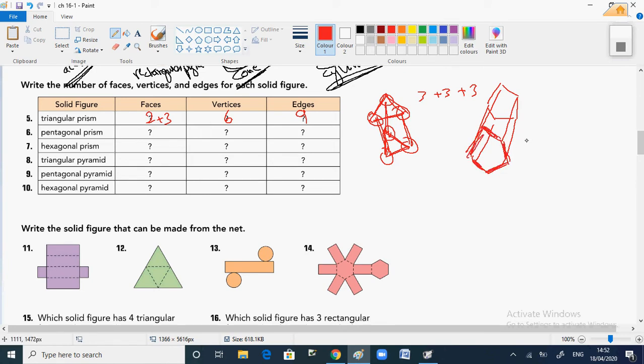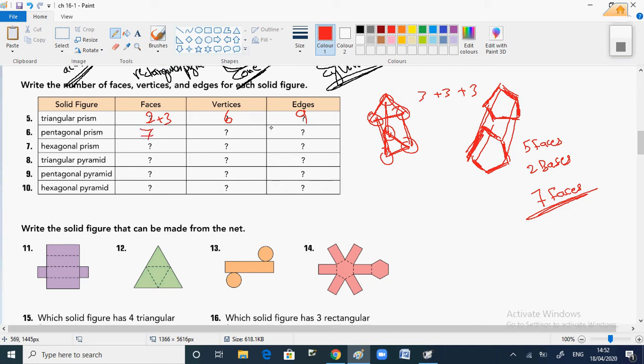That means 5 faces. And I have 2 bases. That means 7 faces in all. Because the base has 5 edges, that means it has 5 faces, and one base up and one down, that means I have 7 faces in all.